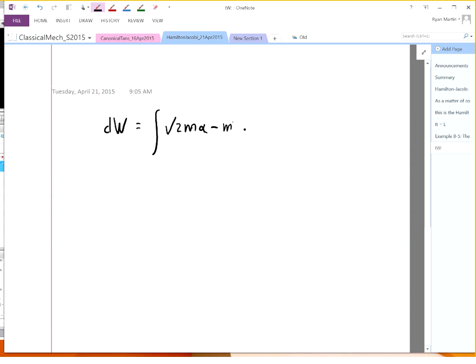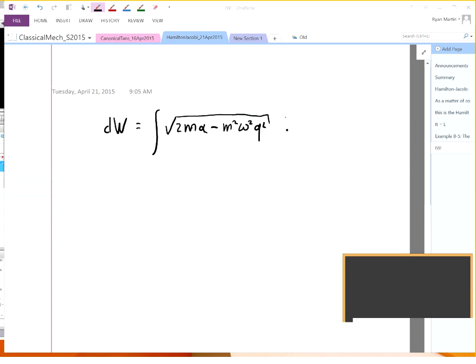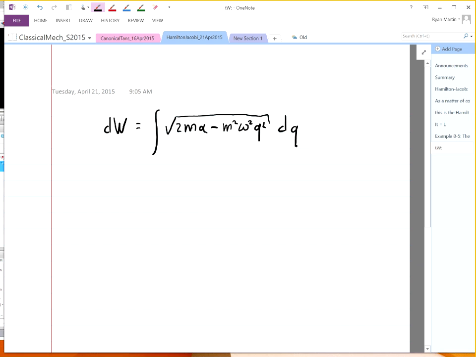When you do that, you get 2m alpha minus m squared omega squared q squared, all underneath the square root, and it's integrated over dq. Okay? And so that's something that you can integrate, right?